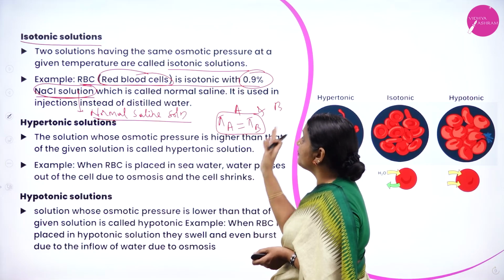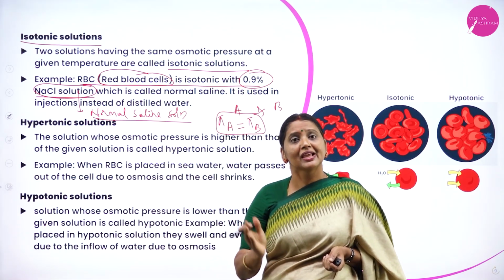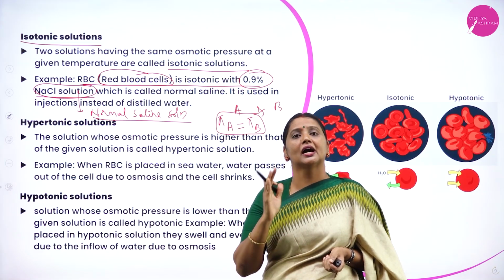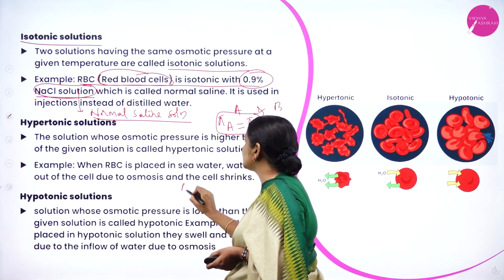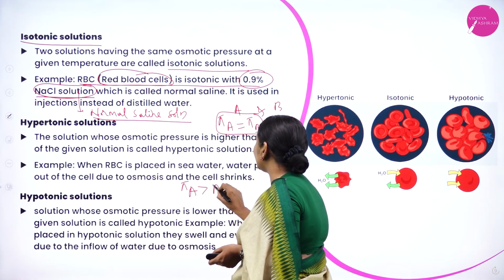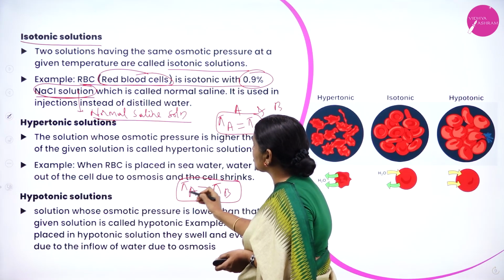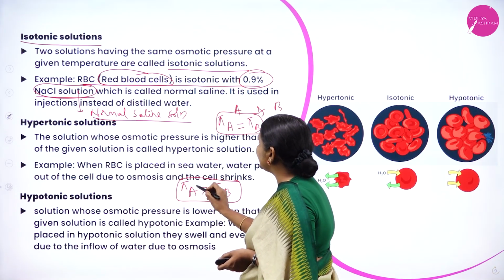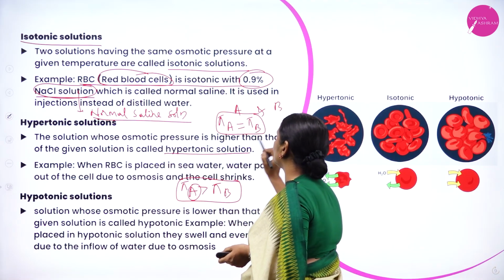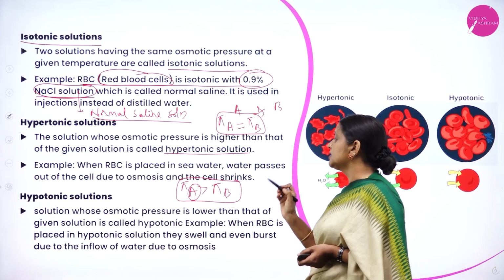Now, when the osmotic pressures of two solutions are equal, they are known as isotonic. If the osmotic pressure of one solution is greater than that of the other, pi A is greater than pi B, the osmotic pressure of A is higher than that of B, then A is called a hypertonic solution.